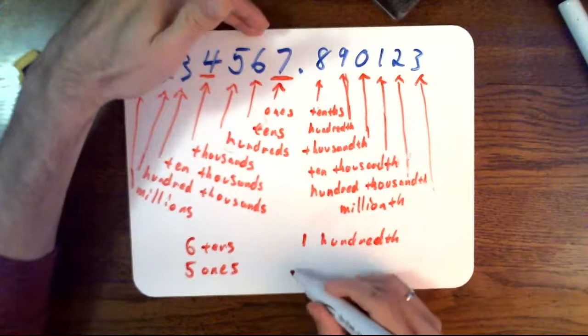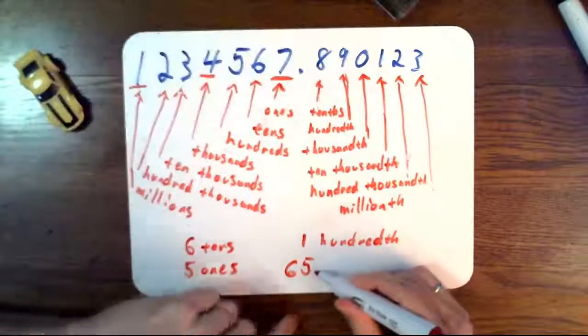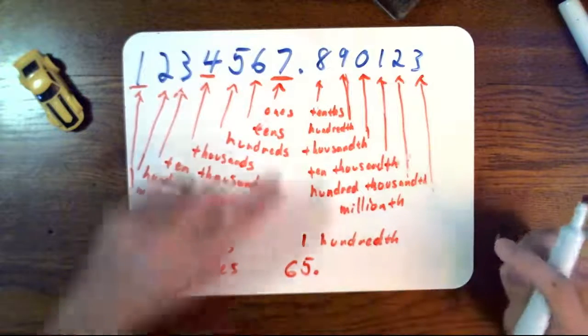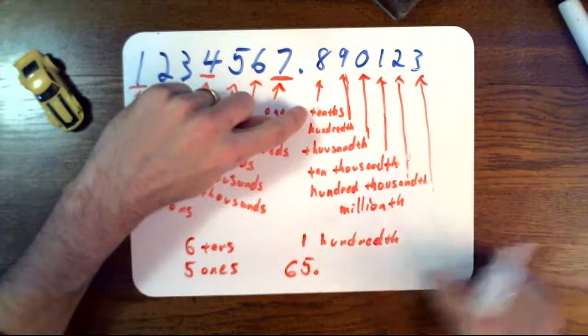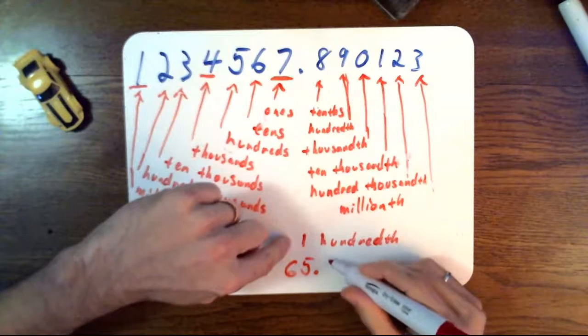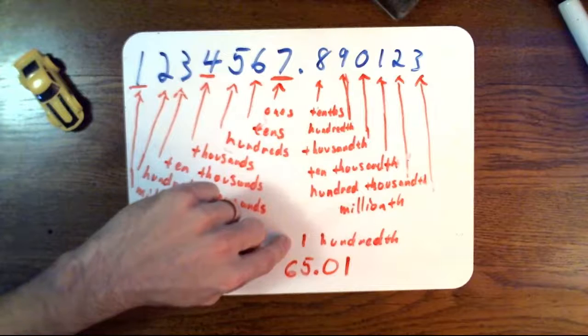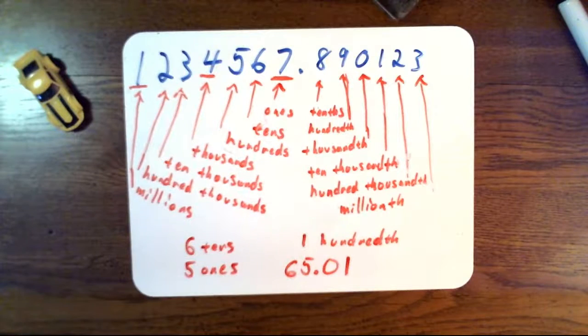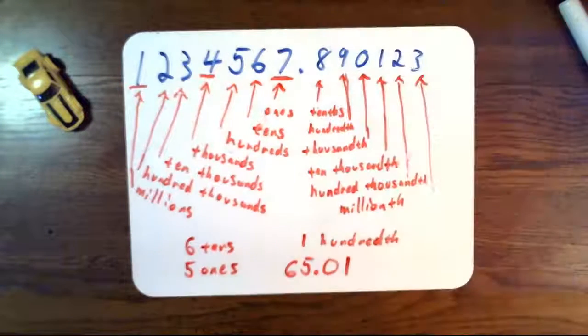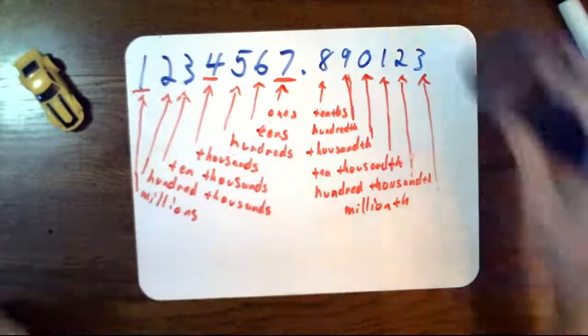We know 6 is going in this position, 1s is going here. Then you have the decimal. And notice they don't mention anything about the tenths. We're going right to the hundredths. 1/100th. So that means there's no tenths, but there's only 1/100th. So that is how you would place something like that.